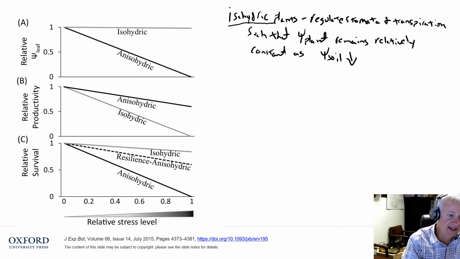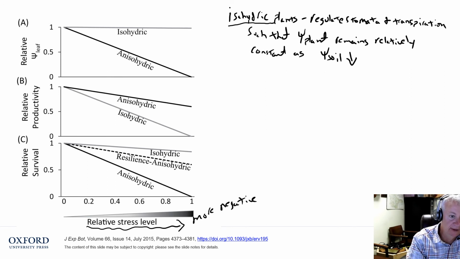And here's an example of an isohydric response. All of these graphs are expressed as relative stress level. You can also think of this as more negative soil water potential. Okay, so isohydric plants, you can see they maintain relatively constant leaf water potential as soil water potential becomes more negative.